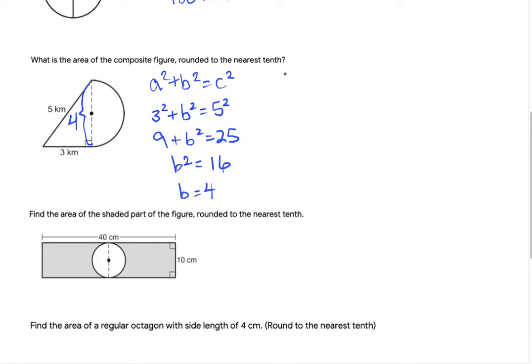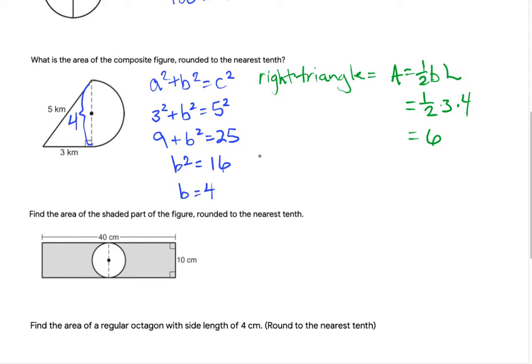And now I can find the area of the right triangle. That's going to be 1/2 times base times height. So that's going to be 1/2 times 3 times 4, which gives me 6.